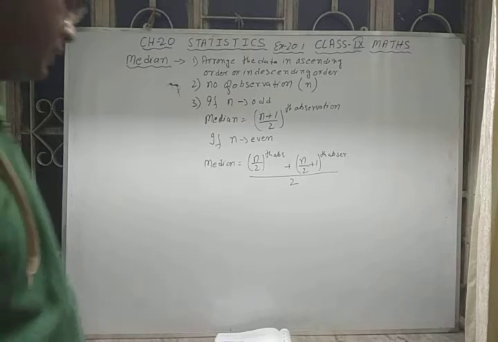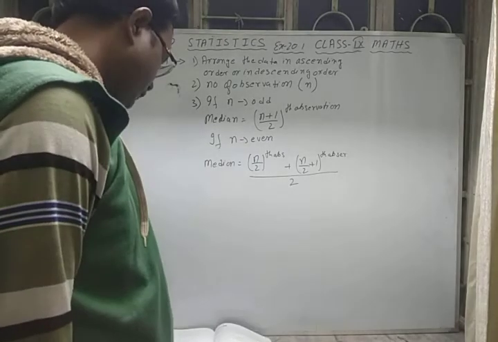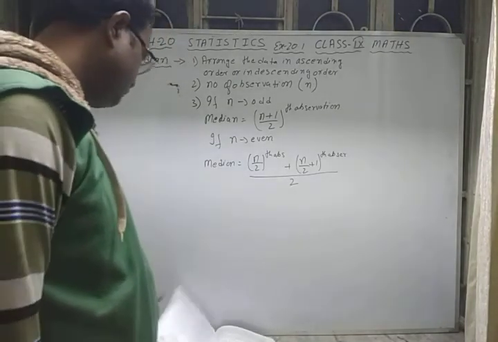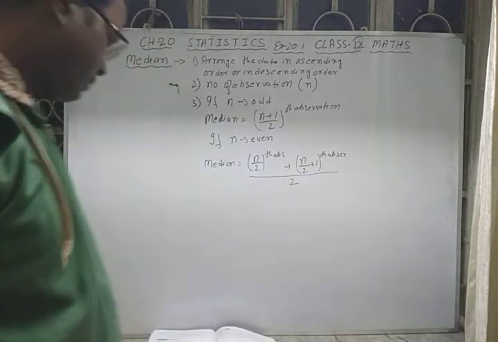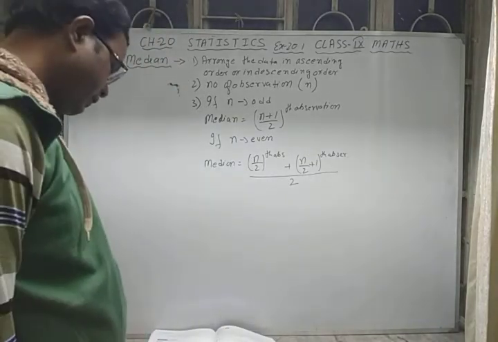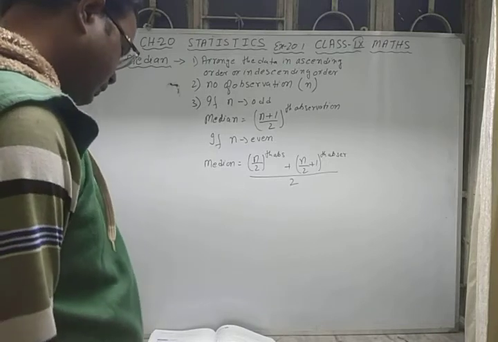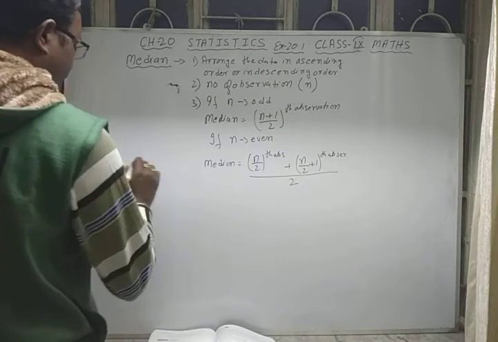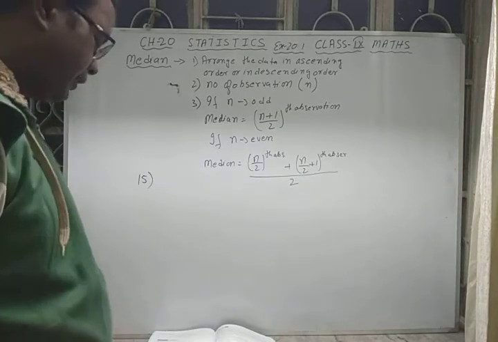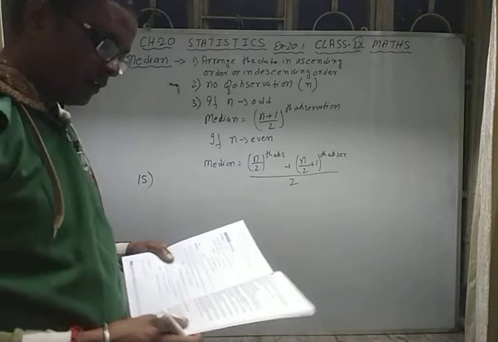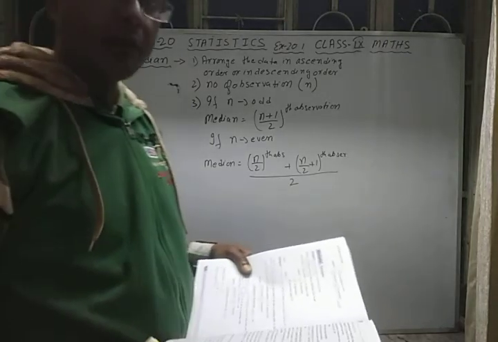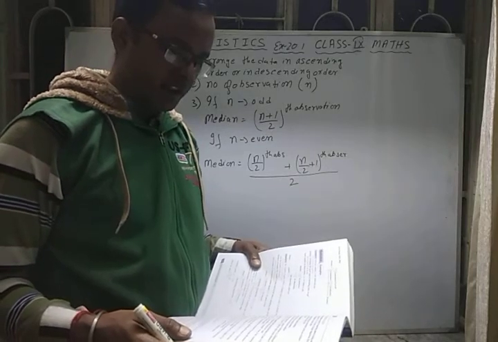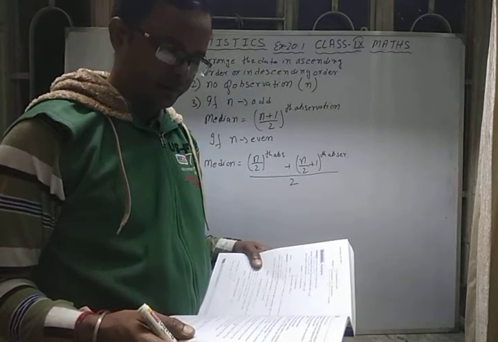Now, from this exercise 20.1, I will choose one or two questions to explain how to find the median. The first question that I want to take is question number 15. The question says that a group of students was given a special test in mathematics. The test was completed by the various students in the following times.